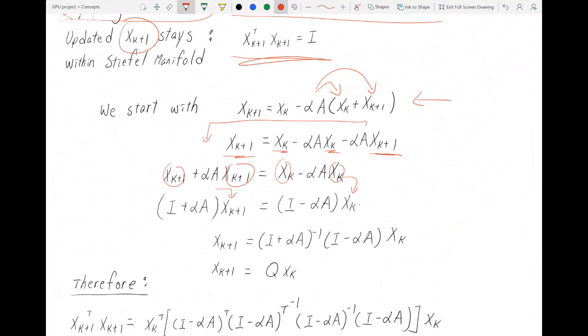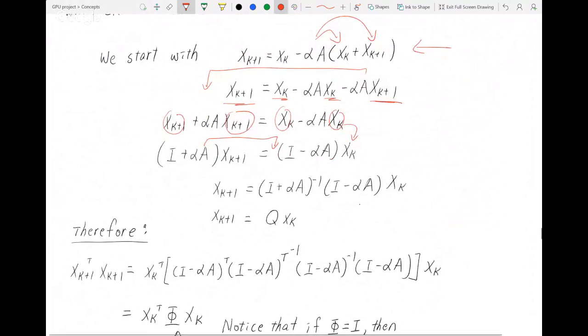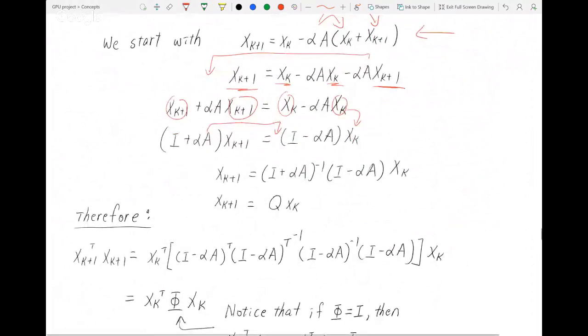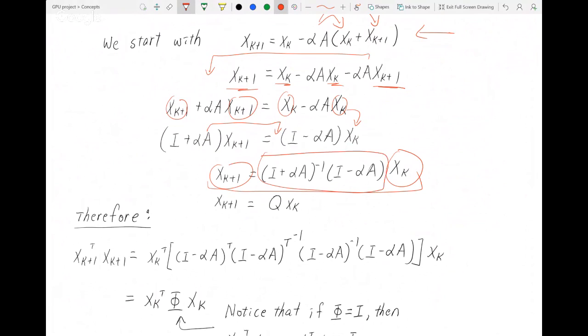And lastly, I'm going to move this thing over here. And when I move it over here, we now have a clean relationship from k to k plus 1. Of course, we can call this matrix something smaller, like Q, for example. But sure.